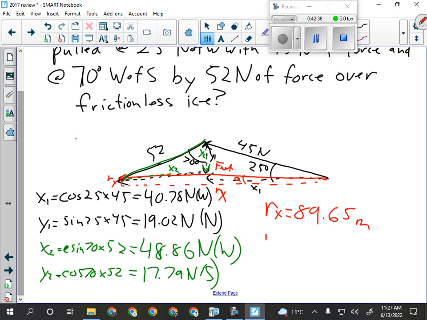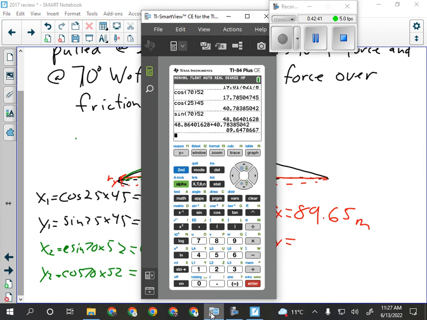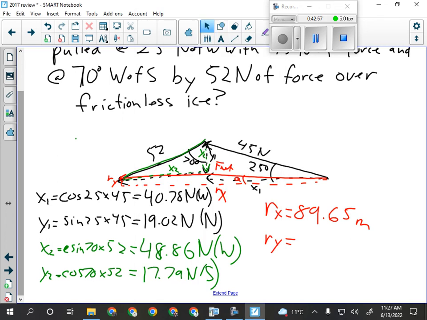And our resultant y is going to be very small, and it's going to be slightly north, so we're going to take the 19 and subtract the 17. So our resultant y is 1.23 newtons. Sorry, I said meters, but it's newtons. 1.23 newtons.